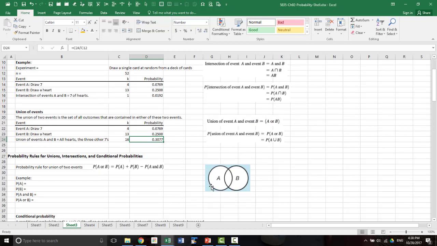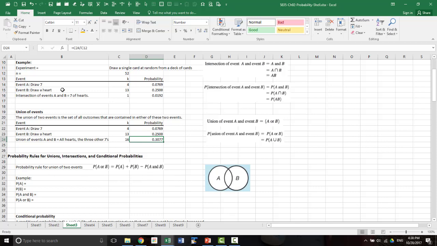When you take the probability of A and add the probability of B to it, this part gets double counted, once with A, and once again when we add B to it. So we have to take one of those two counts out. Then we get that probability. That's the probability rule.